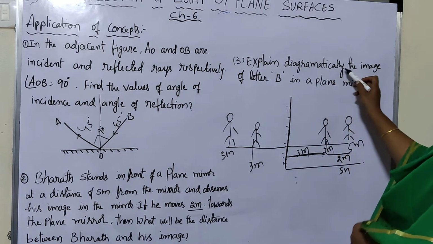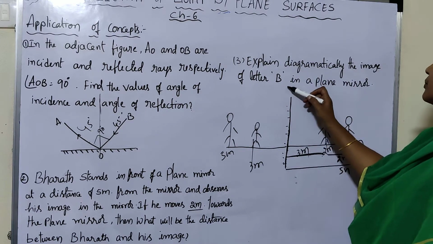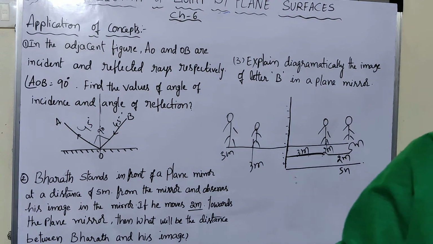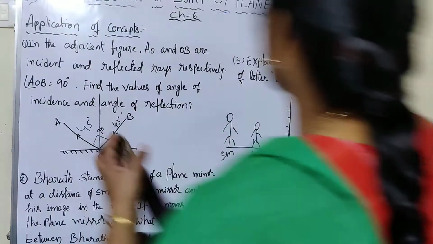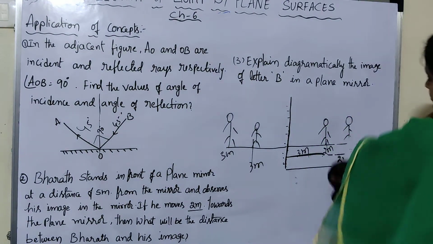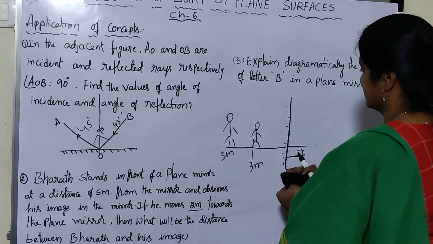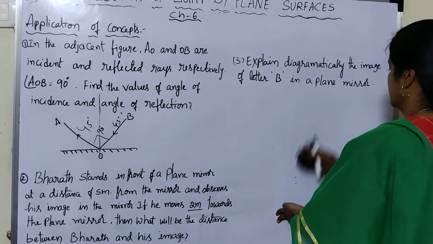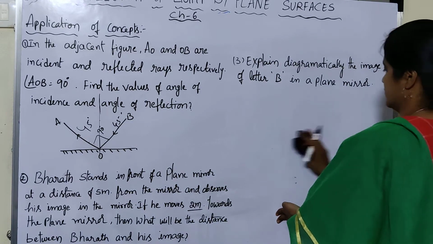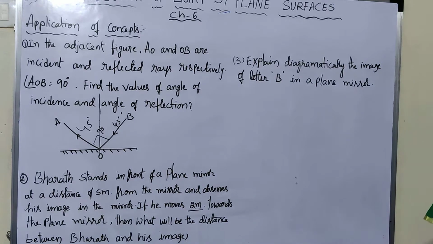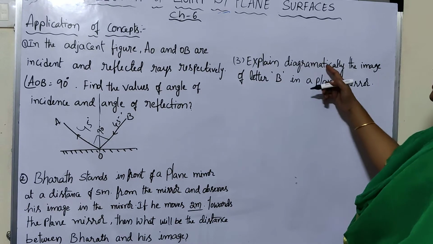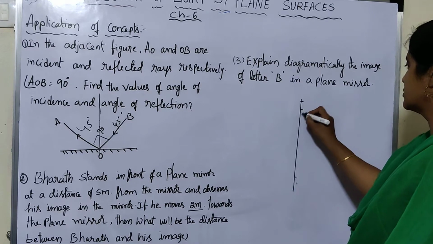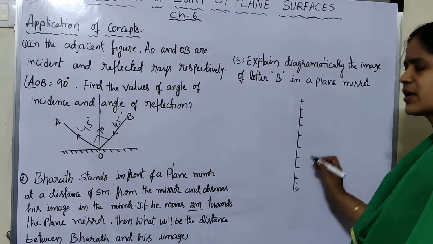Explain diagrammatically the image of the letter B in a plane mirror. So I will draw the ray diagram. You can take any side.